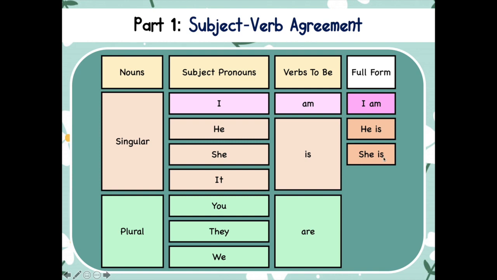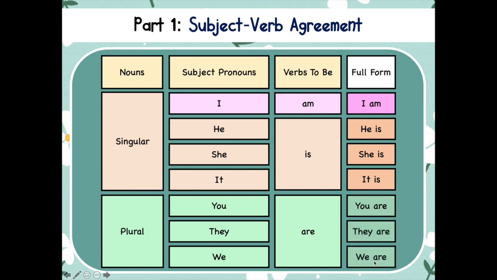Next, she is, and then it is. Next, for the plural subject pronouns you, they, and we, the full form will become you are, they are, and we are. So that's all for part 1, which is about subject-verb agreement.